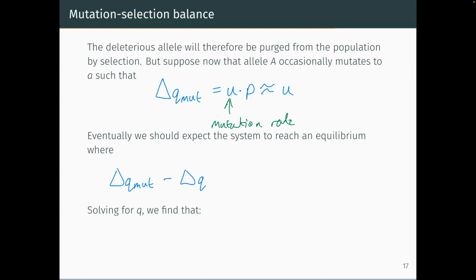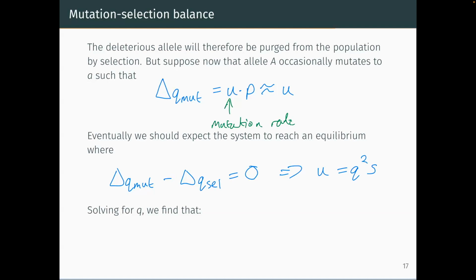And so we just substitute in the things we found above. We have U is therefore going to equal Q squared S. So it's just saying that our mutations are going to be balanced by selection.